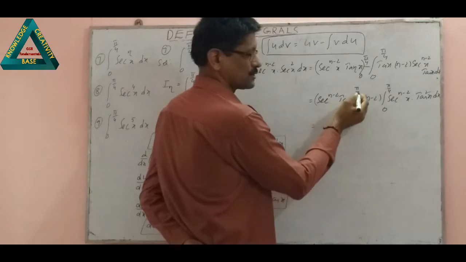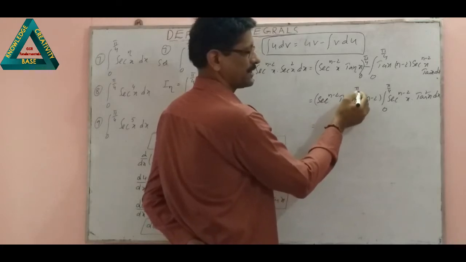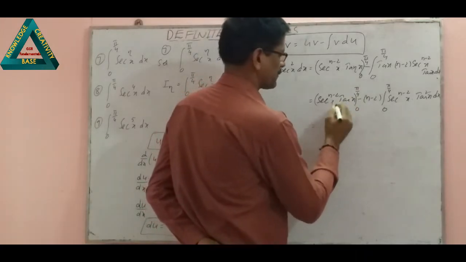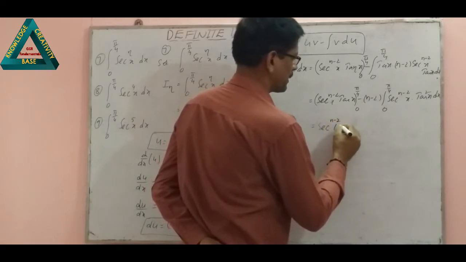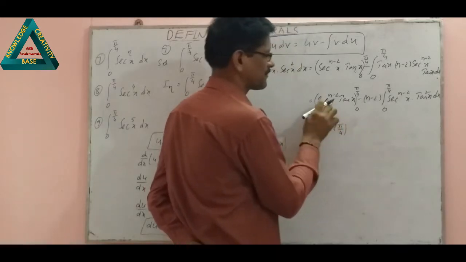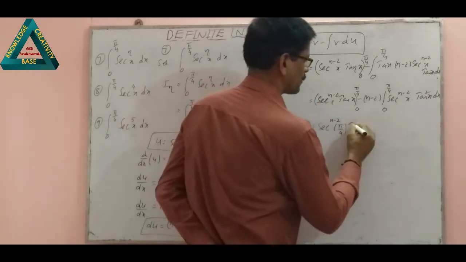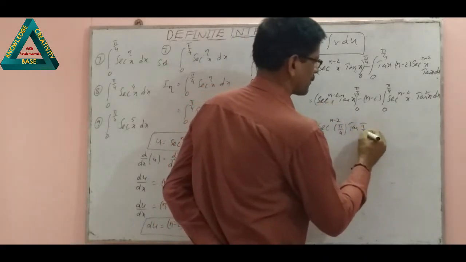Here, first substitute the upper limit. What is the upper limit? Pi by 4. That means secant power n minus 2 at pi by 4, in place of x, into tan pi by 4.